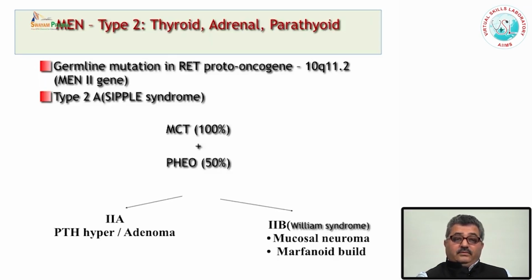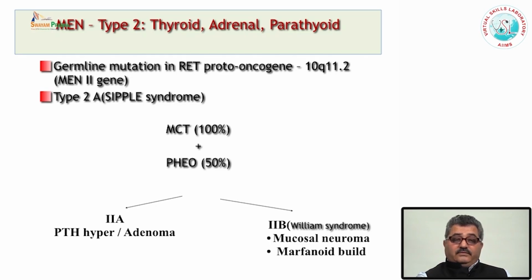In MEN2, the chromosome is 10q11.2, and there may be type A and type B, and the most common is medullary carcinoma of the thyroid. It is very important to diagnose this syndrome because most of the patients die of medullary carcinoma of the thyroid, and this is the one condition where prophylactic thyroidectomy is indicated.